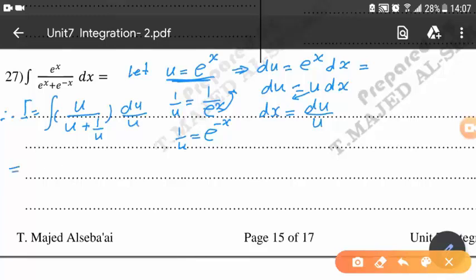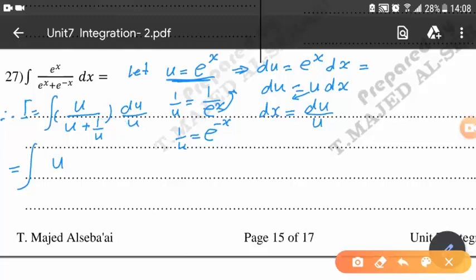Can I do it? Equals integration. Leave this u. Don't cancel this u with this u. You can do that, but I will leave it as it is. And this u, I'll multiply it by this and by this. What will happen?